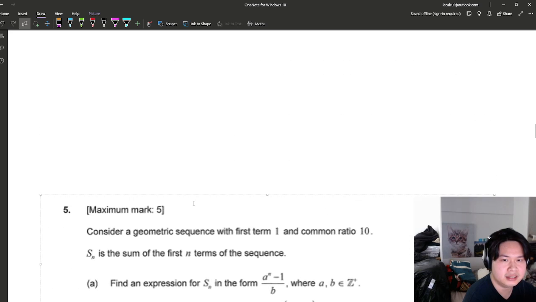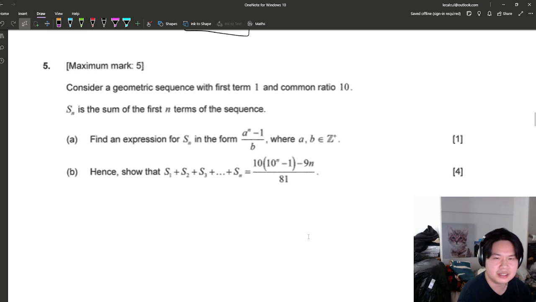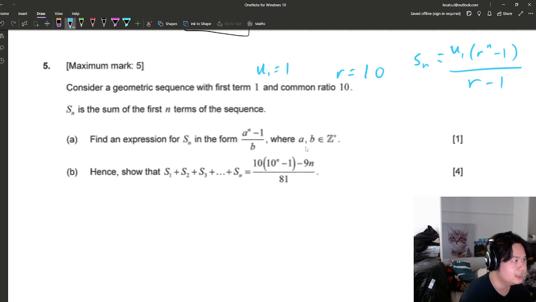And then next one, geometric sequence. Okay, write an expression for Sn in whatever form that they want. So your first term is 1, your common ratio is 10. You can pull this out of your formula booklet, but the formula for a geometric series sum is this.